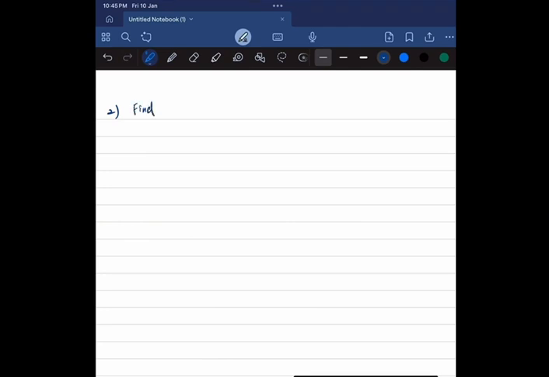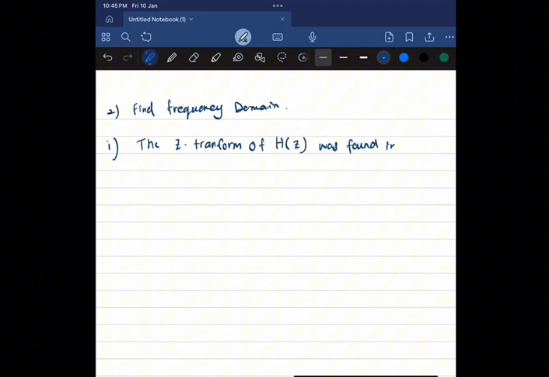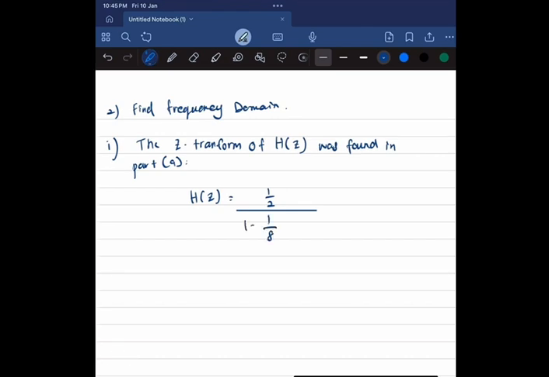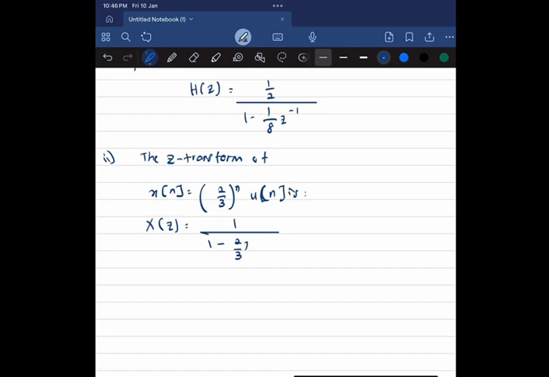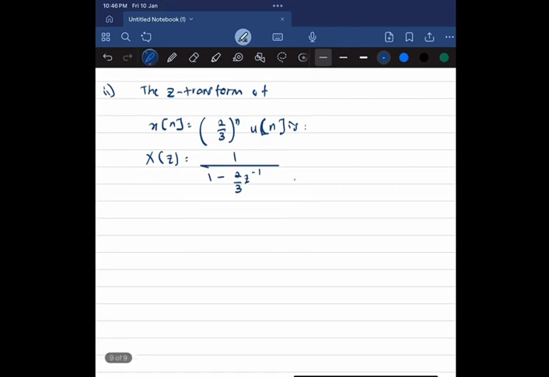So next, we need to find the frequency domain. First, the z transform of h found in part A is Hz equals 1 over 2 divided by 1 minus 1 over 8 z to the power of negative 1. Second, the z transform of xn equals 2 over 3 to the power of n un is Xz equals 1 divided by 1 minus 2 over 3 z to the power of negative 1.